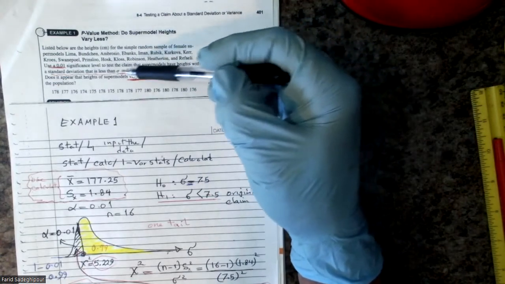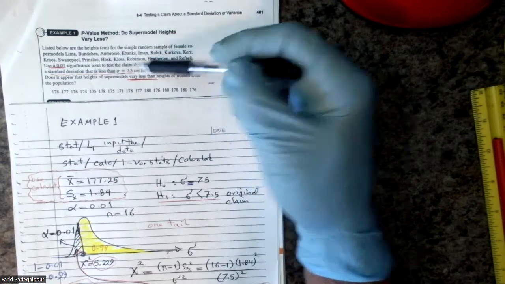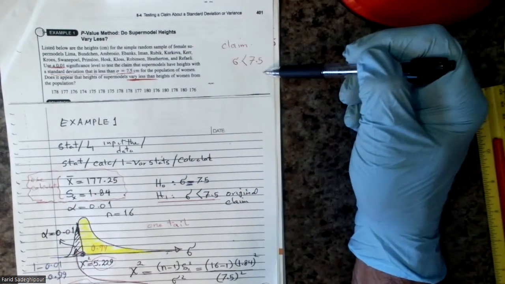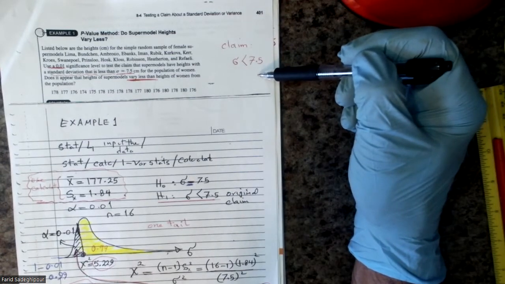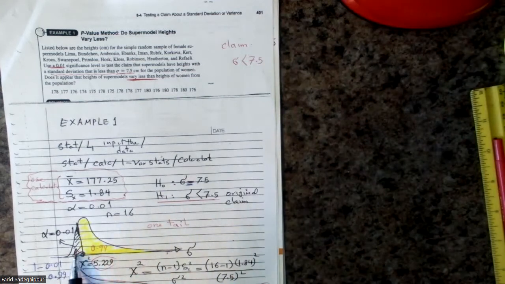Test the claim that the standard deviation is less than 7.5. So this is the claim. Based on that, we know we have a one-tailed test, and it is the left tail.